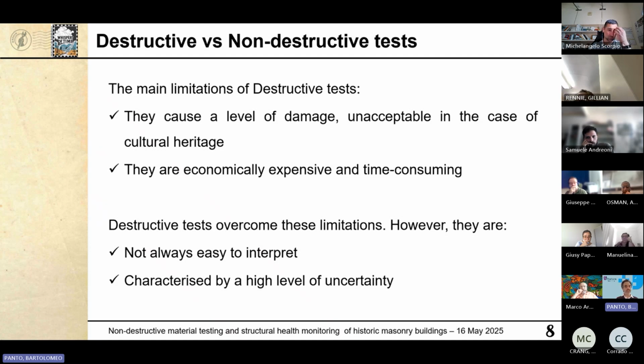However, they come with some drawbacks. One is that the interpretation is not very straightforward. Experience is needed to correctly interpret the test, and also the level of uncertainty is very high. And again, generally, when we do non-destructive tests, we do a lot of tests to process them statistically.